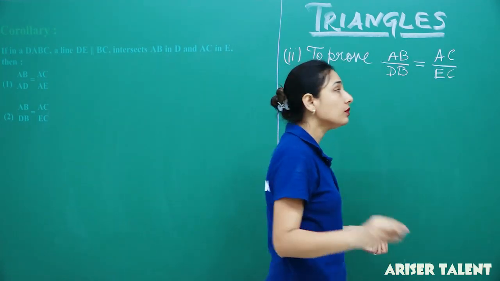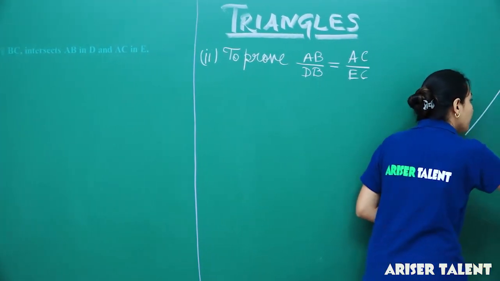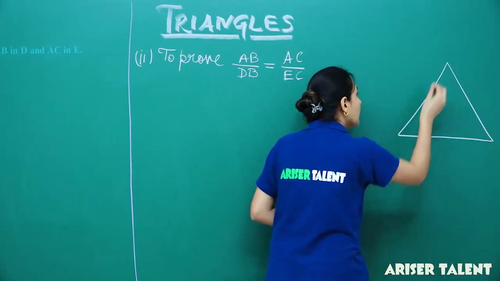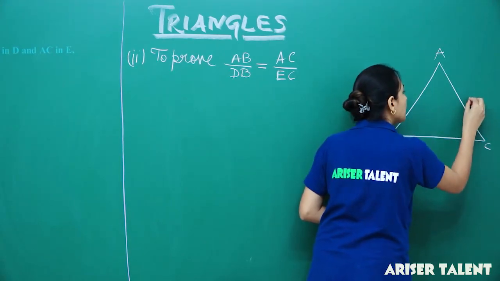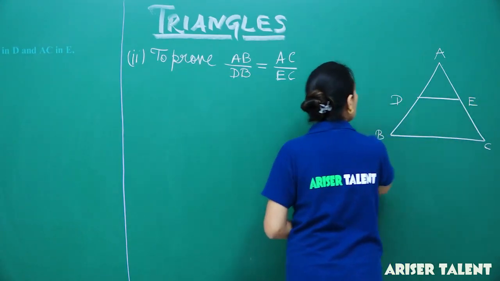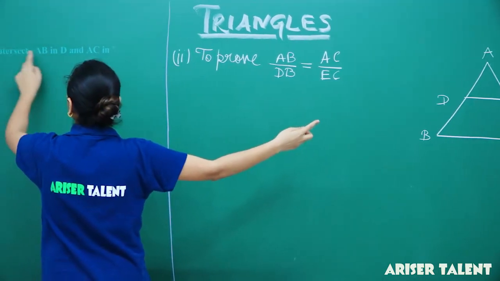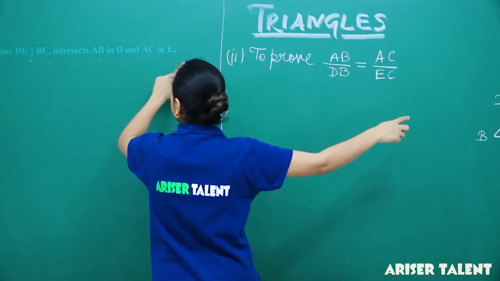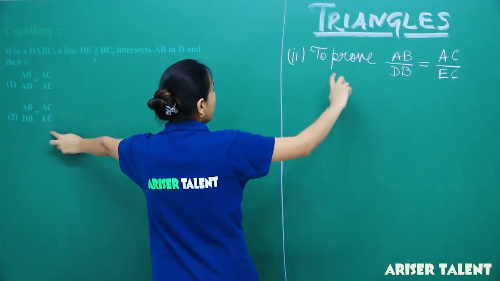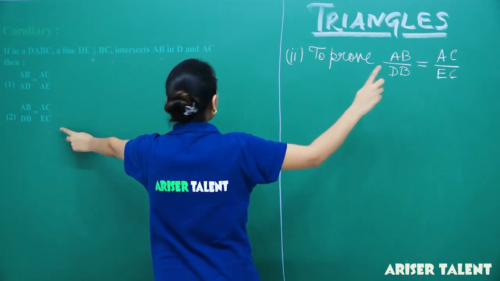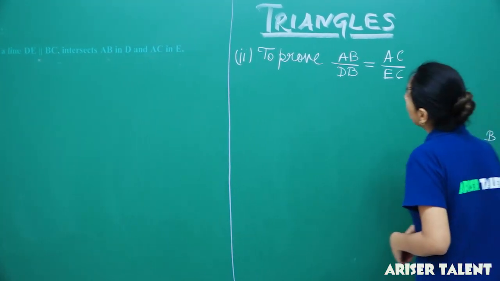The triangle figure has points A, B, C, D and E. Okay students, let me cross check. A line DE parallel to BC intersects AB at D and AC at E. Then the second one is AB by DB equals AC by EC.